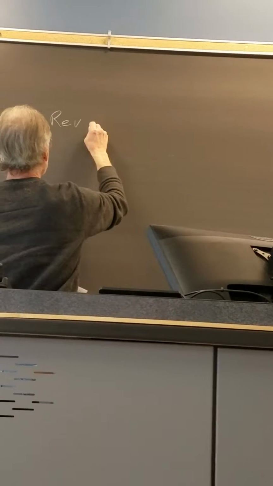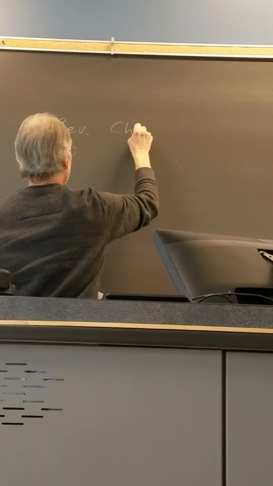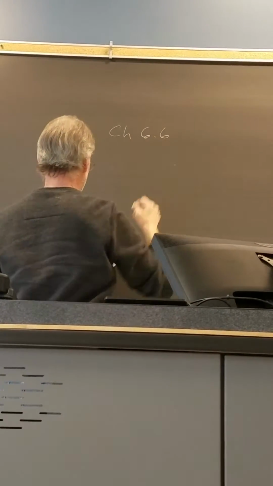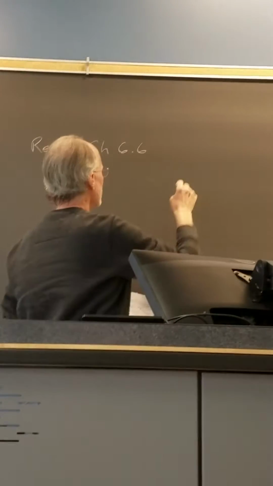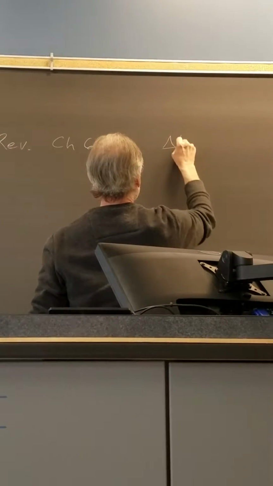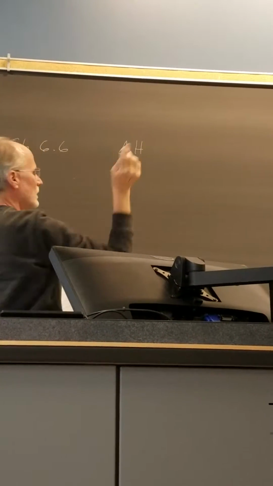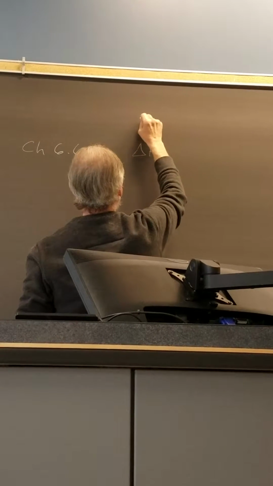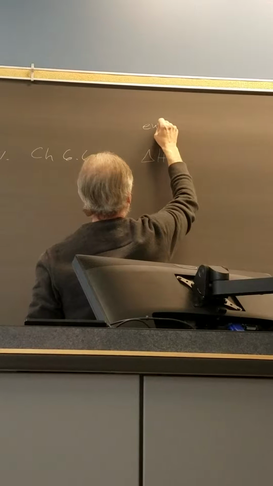So the review is pretty much all I want to get to today. This is back to chapter 6, section 6. And the first thing is just defining enthalpy change. So delta is the same delta, final minus initial. H is the symbol for enthalpy.